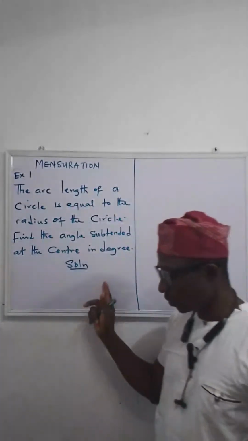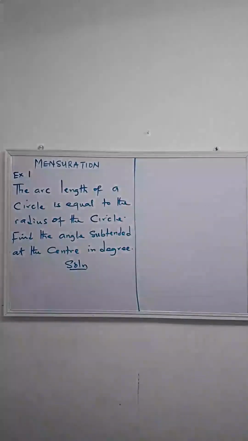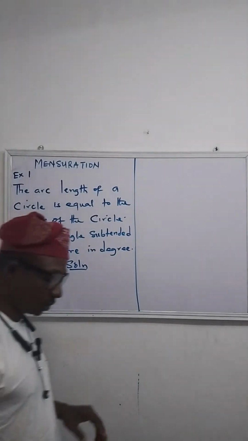This question has been done in one of my videos. Okay, so let's look at the question together. The arc length of a circle is equal to the radius of the circle. Find the angle subtended at the center in degrees.